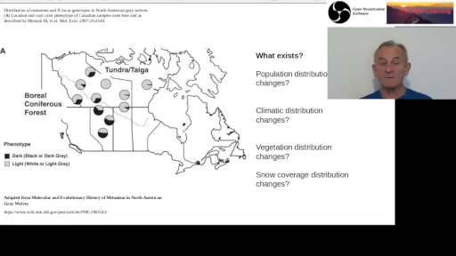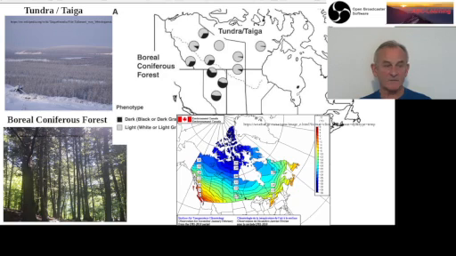Then of course we can make it, first of all, more concrete in terms of picturing and giving them the knowledge of what tundra and taiga looks like, and what a boreal or coniferous forest will look like, and where they're more common. Then we have a beautiful temperature distribution for winter temperatures that maps very much onto this.